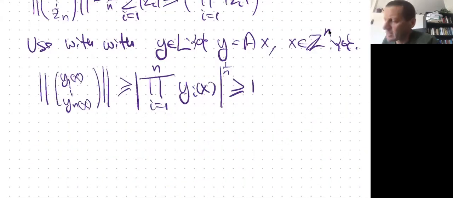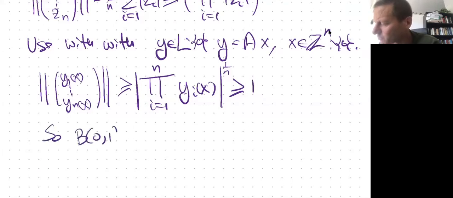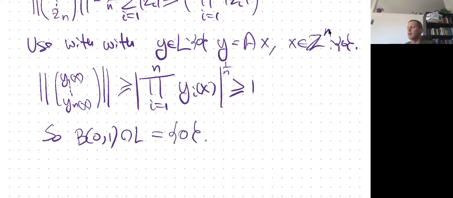So what that means is that the ball of radius 1 with respect to this particular norm, using this particular lattice, doesn't contain any non-zero vectors. So the ball of radius 1 intersecting our lattice contains only the 0 vector.